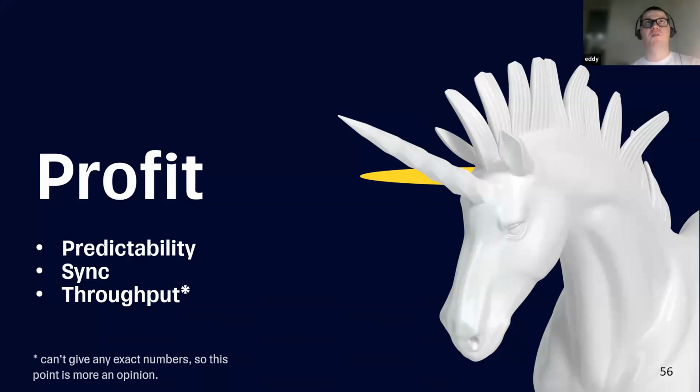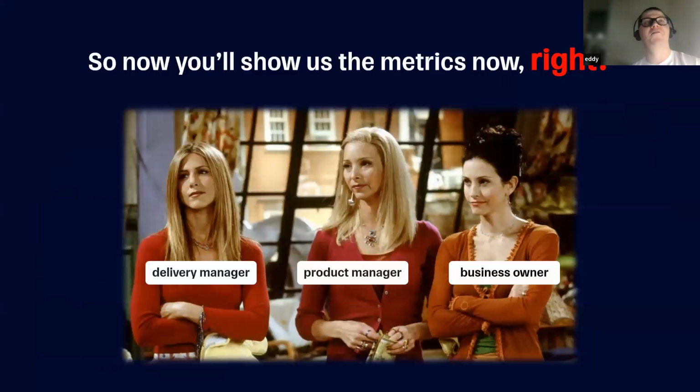Unfortunately, you know that every project changes very rapidly, and it's really hard to look at one exact number and tell, yeah, we've done it better, we've done it faster this time. How many variables there are in any product. So you think that now I will show you the metrics, right?